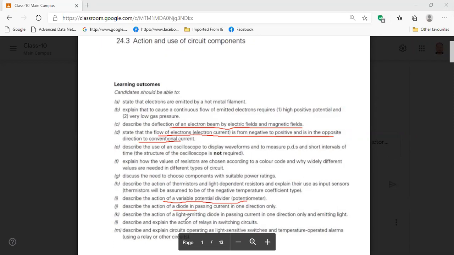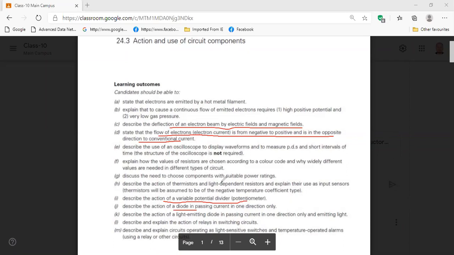Electrons flow from negative to positive, opposite in direction to conventional current. So conventional current will be positive to negative. Is it clear?